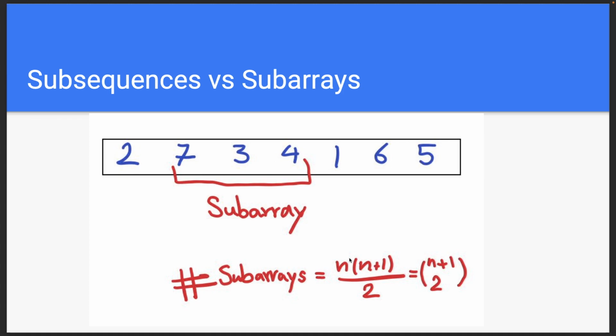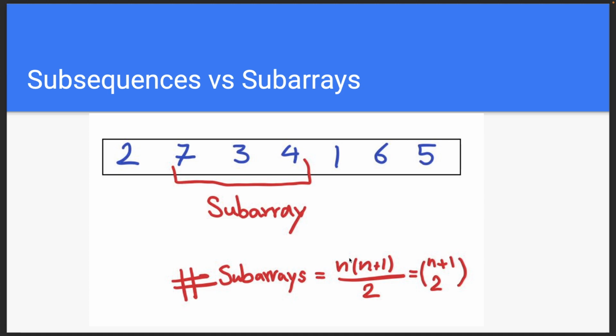What about subarrays that would start from the second position? N minus 1. And the third position, n minus 2. Up to how many subarrays would start at the end position? That would be easily 1, because they should end right there. So that would be the numbers n, n minus 1, n minus 2, down to 1 added together.